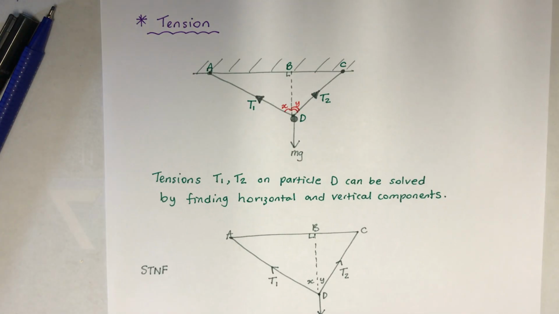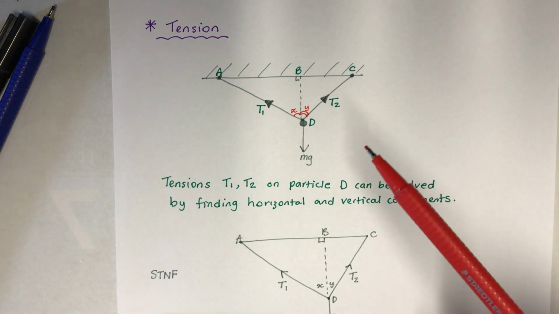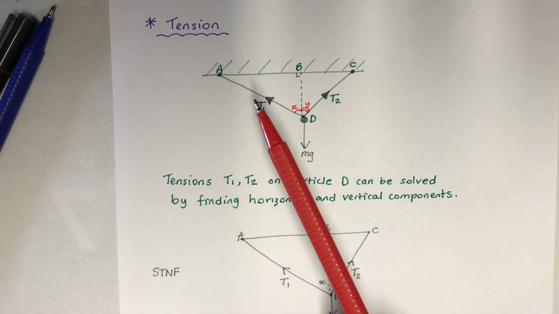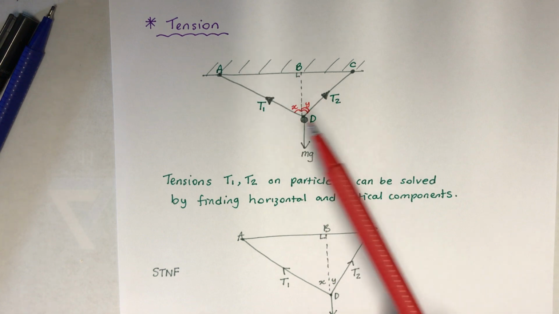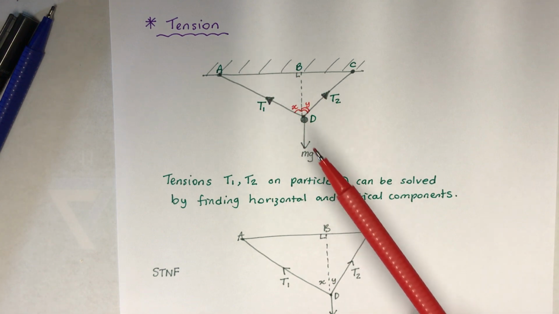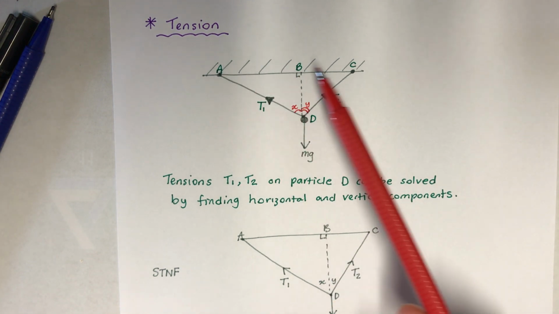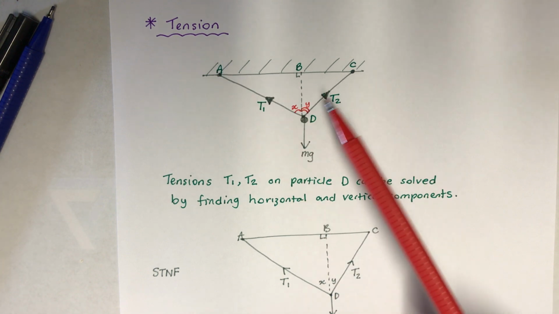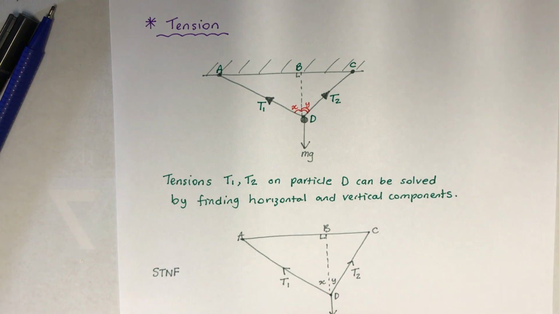Okay, next one, tension. Okay, so this video is going to be quite a long one as well. So tension is something to do with a rope or wire or string, isn't it? So these are all the same rope or wire or string.